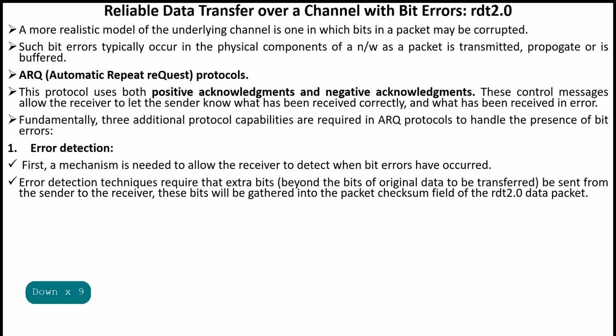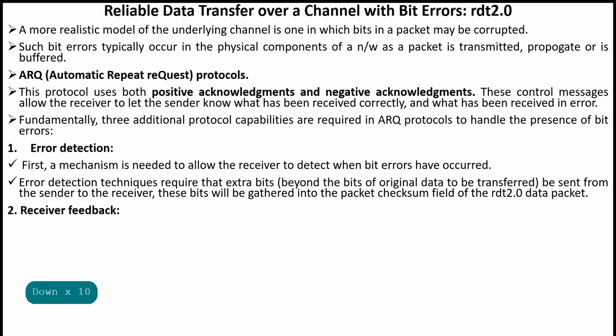Error detection techniques require that extra bits beyond the bits of original data to be transferred be sent from the sender to the receiver. These bits will be gathered into the packet checksum field of the RDT 2.0 data packet.